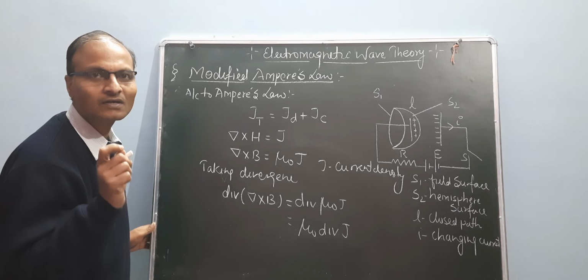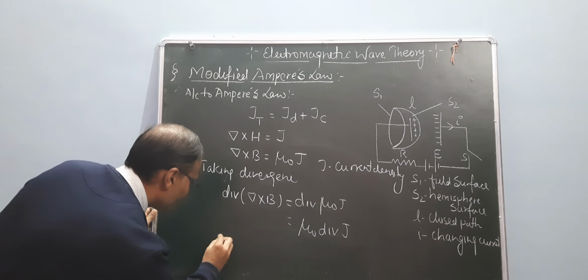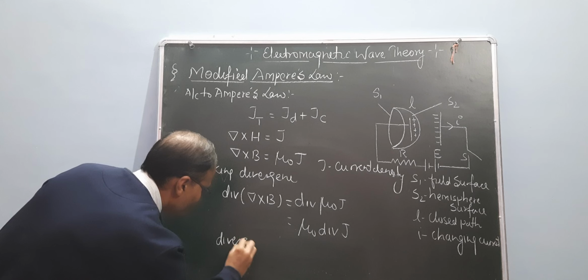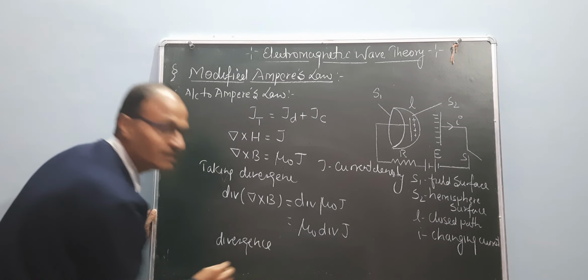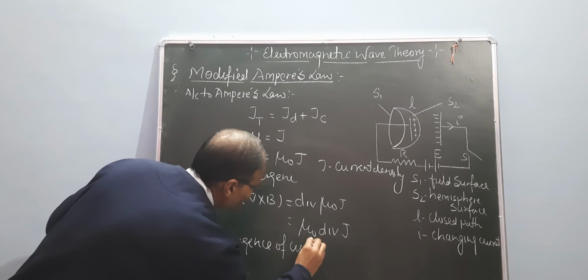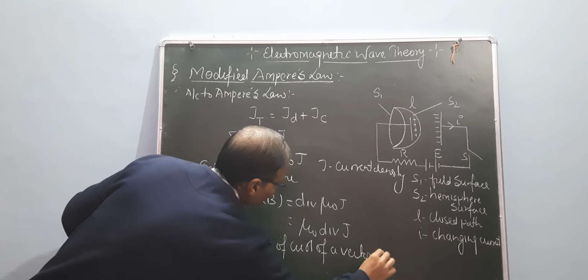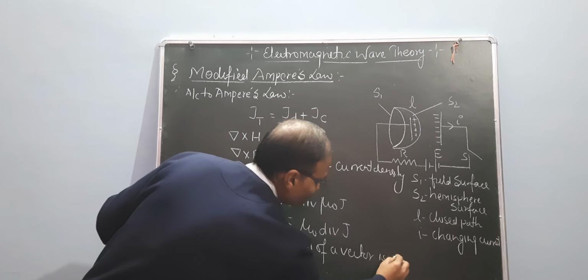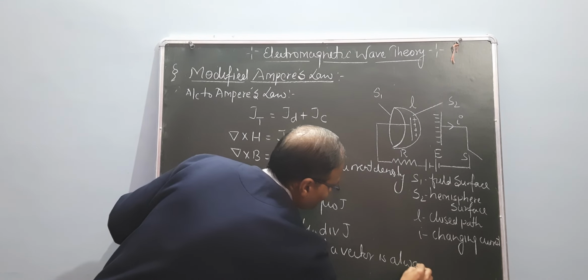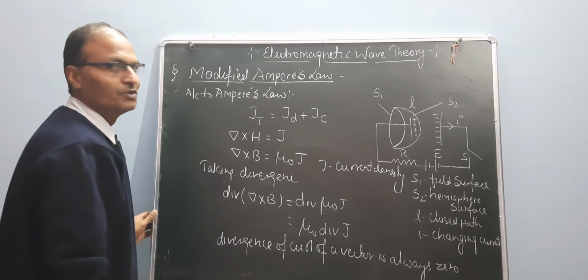The divergence of the curl of a vector is always 0.